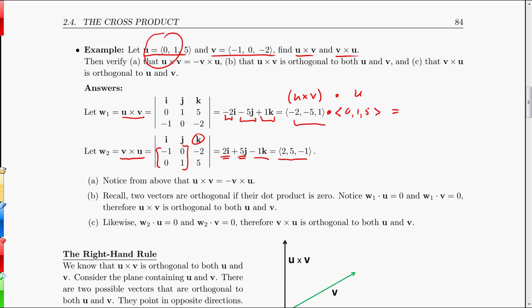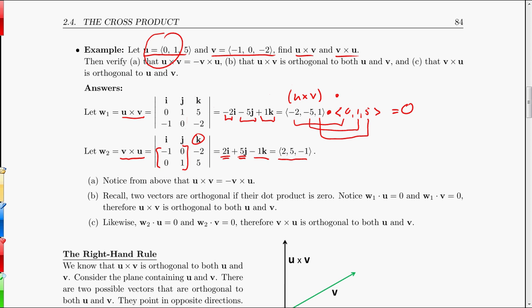And if I do that dot product, I have negative 2 times 0, which is 0, plus negative 5 times 1, which is negative 5, plus 1 times 5, which is positive 5, which gives me 0. So when I take U cross V and I dot it with U, I get 0. That means these two are orthogonal, or perpendicular.